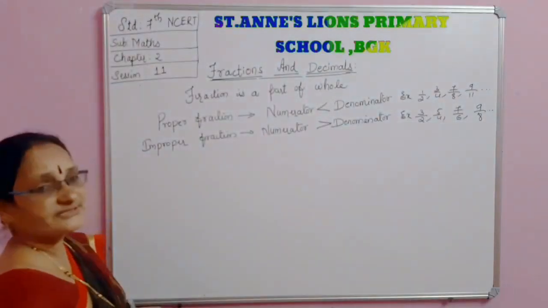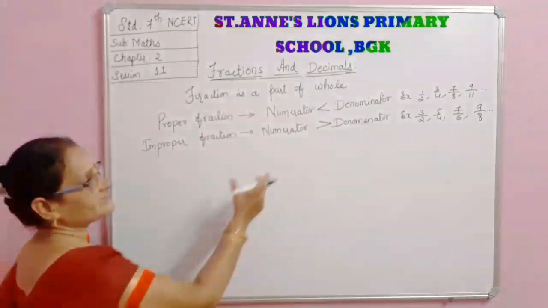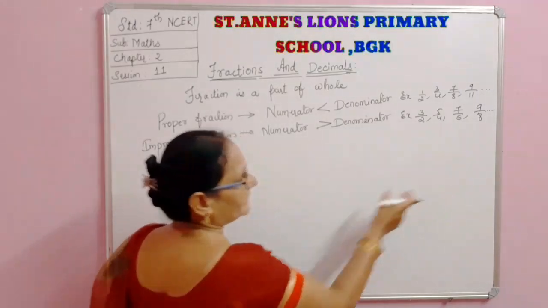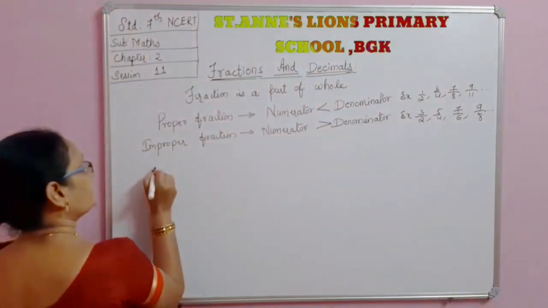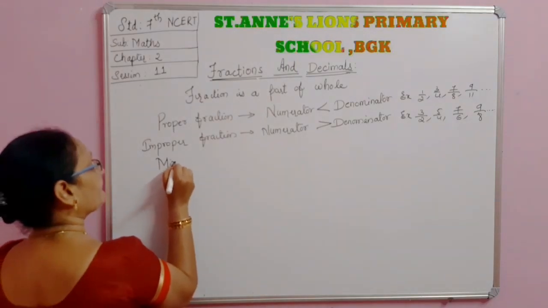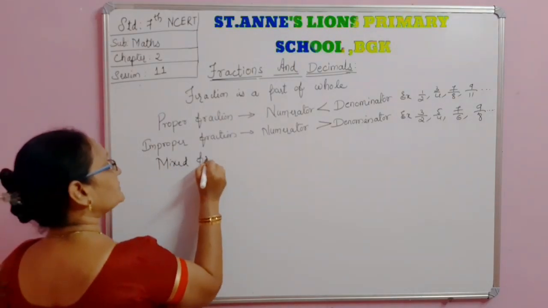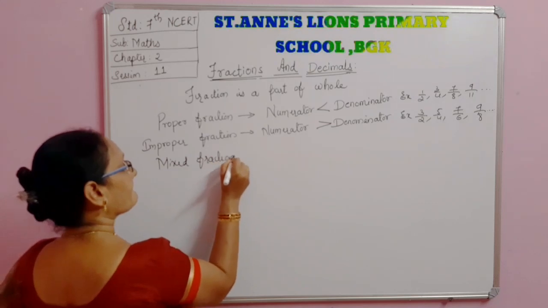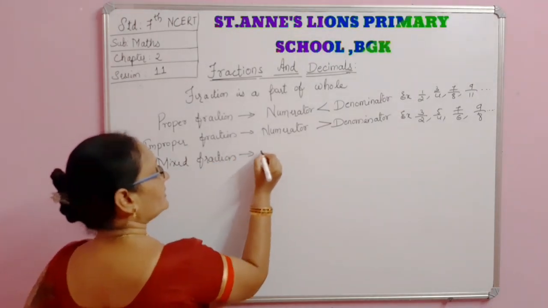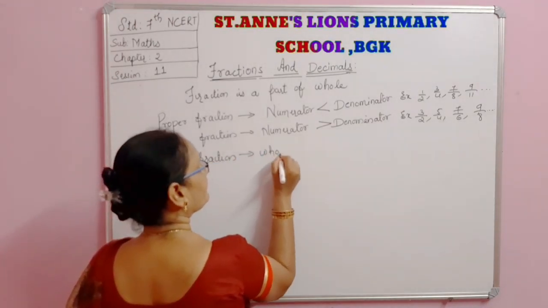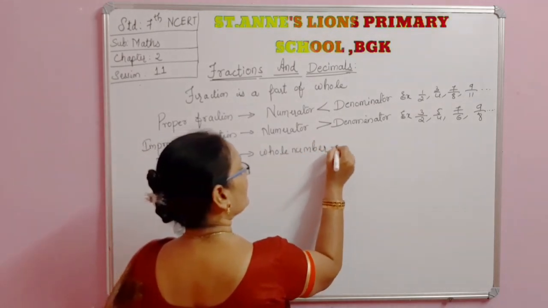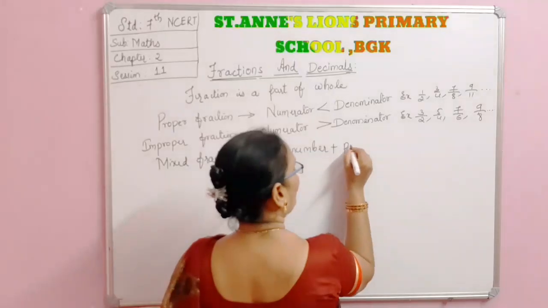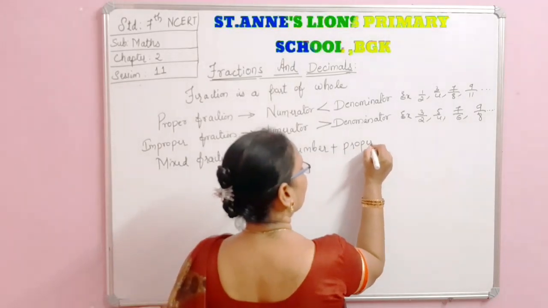Now, next comes mixed fraction. These improper fractions can be written in the form of mixed fraction. See, in the mixed fraction, how they will be? In the mixed fraction, one whole number will be there plus one proper fraction.